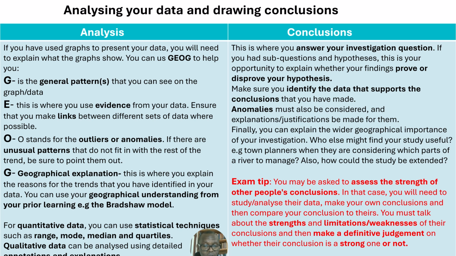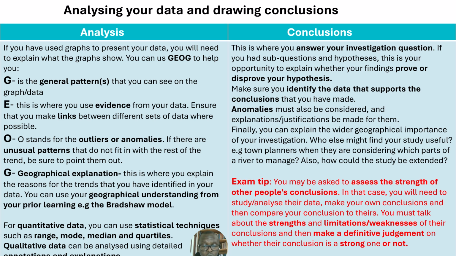So in other words, are they in line with the hypothesis that you had initially formulated, or are they not in line with the hypothesis that you had formulated? Anomalies must also be considered. And explanations and justifications must be made for those anomalies that you may find.